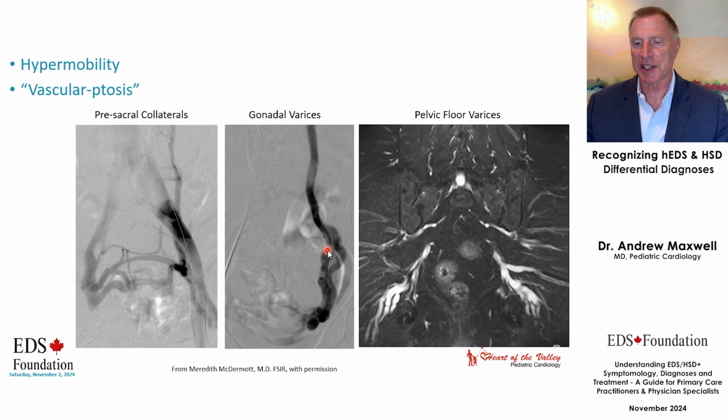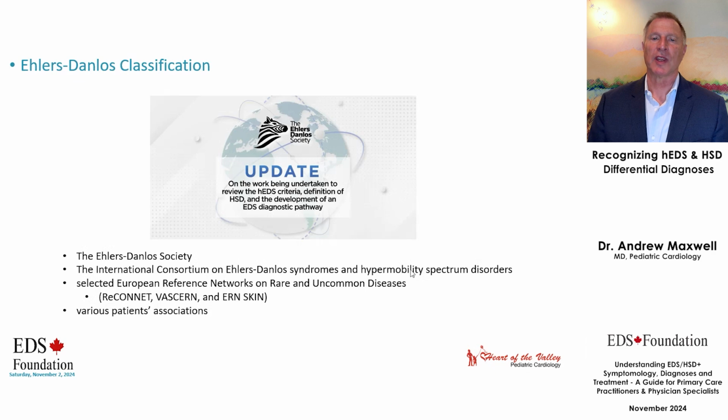Here's a gonadal varix caused by blood pooling down in the gonadal vein. And then finally, dilated and varicose veins within the pelvic floor, again from pelvic congestion issues. Okay, so those are some consequences of sagging of organs and hyperdistensibility of connective tissue, such as in the veins.